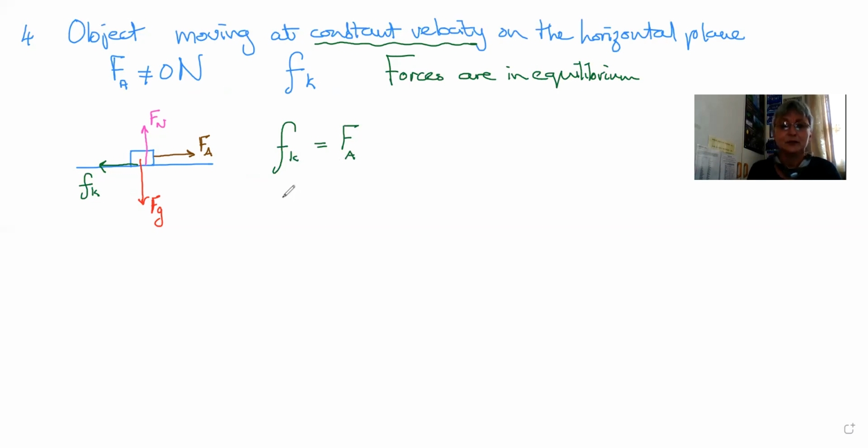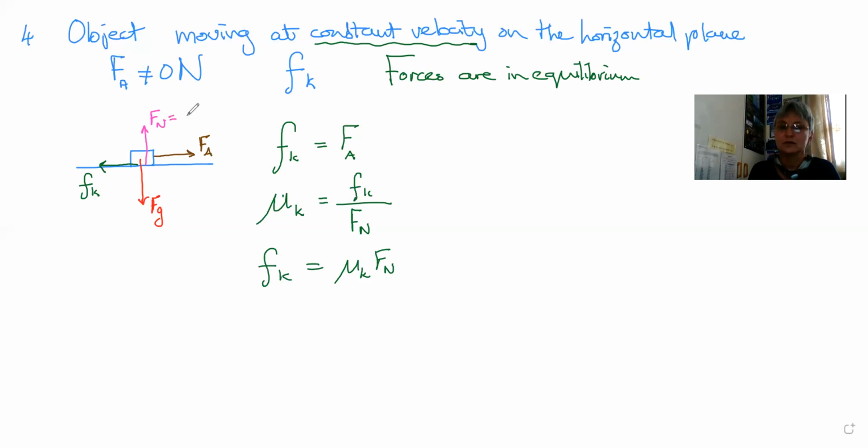But kinetic friction has a relationship to the normal force that is a constant. There's a constant relationship between the kinetic friction and the normal force. And that constant is defined as the coefficient of kinetic friction. So Fk has a relationship to the normal force. In other words, Fk is equal to mu k times the normal force. And what is the normal force in this case?